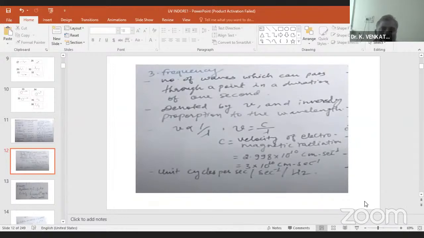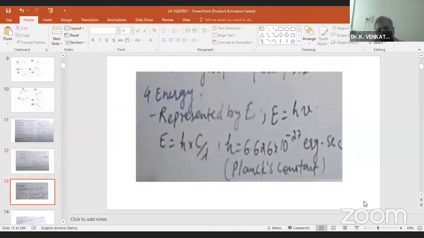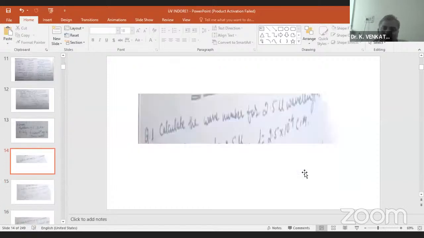Next, energy, denoted by capital E. E equals h nu, where h is the Planck constant, 6.626 into 10 to the power of minus 27 erg second, and nu is c by lambda.